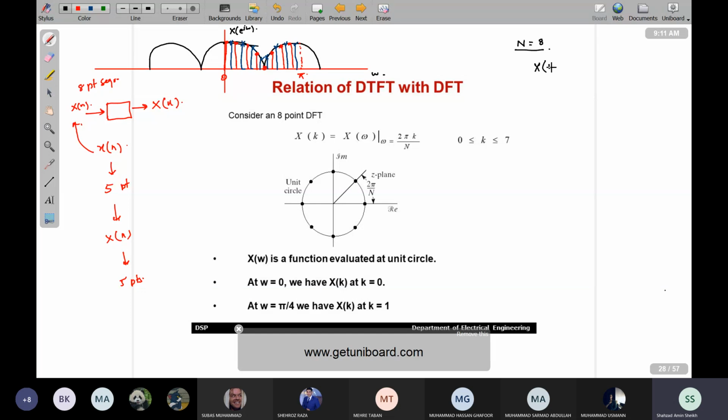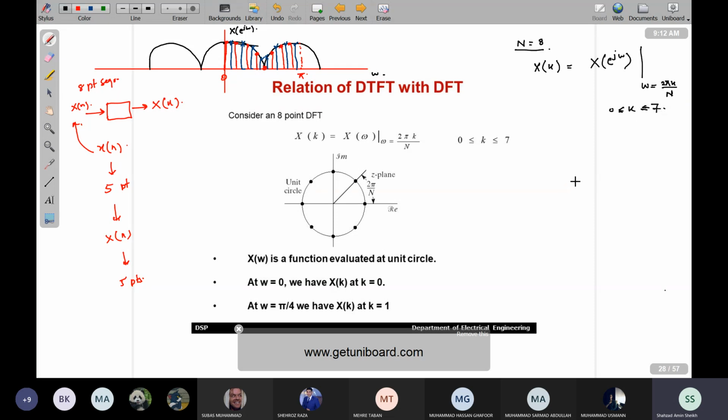We know that X of k is equal to X of e to the j omega at omega equal to 2 pi k over N, for k between 0 and N minus 1, which is 7 in this case.